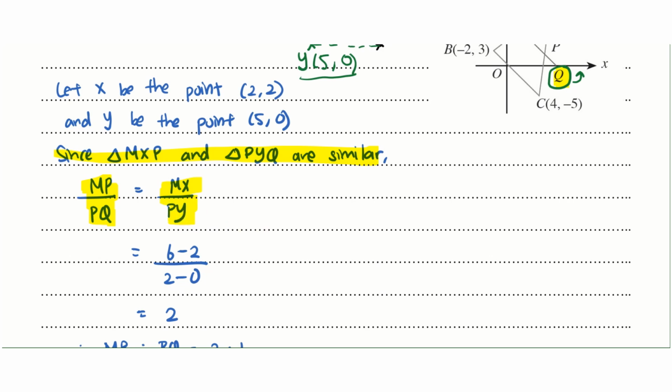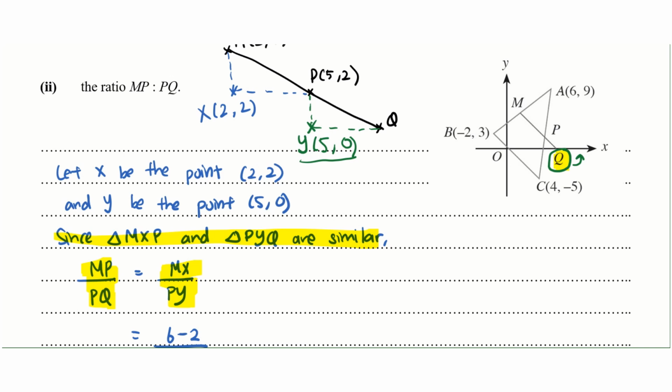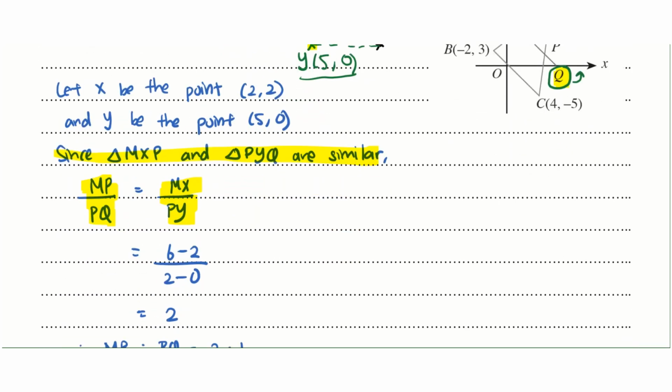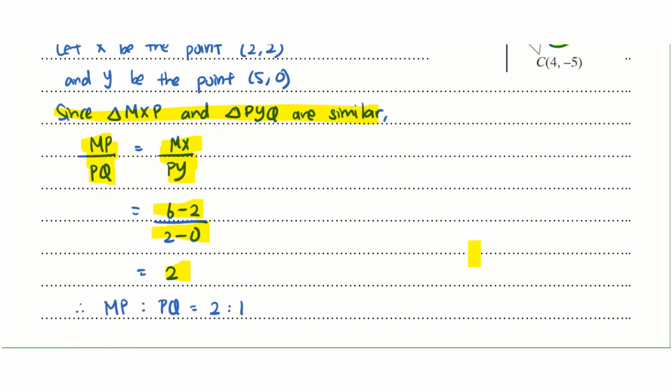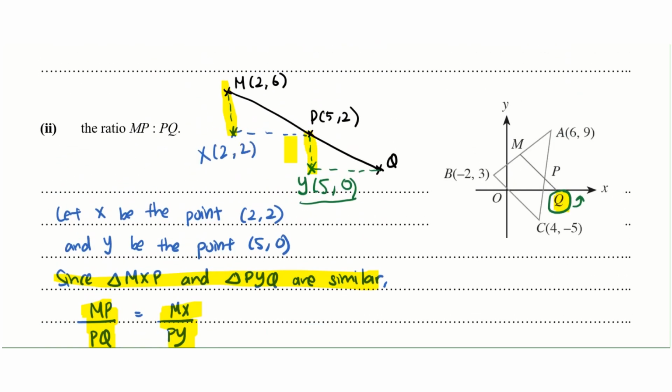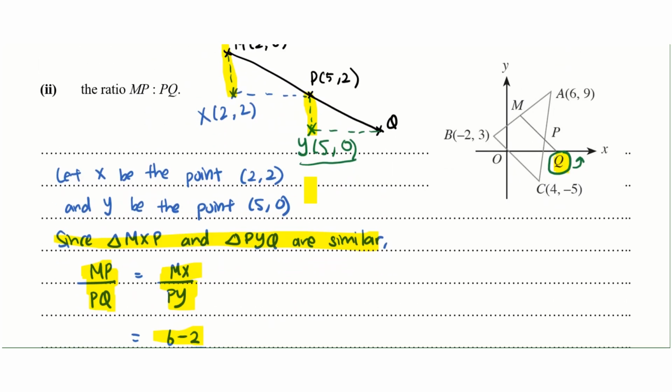MX and PY are the vertical lengths, and for vertical lengths, we will take the difference in the y coordinates, so we get the value to be equal to 2. Therefore, the answer for the ratio that we want will be 2:1. We can also use PX and QY to determine the ratio.